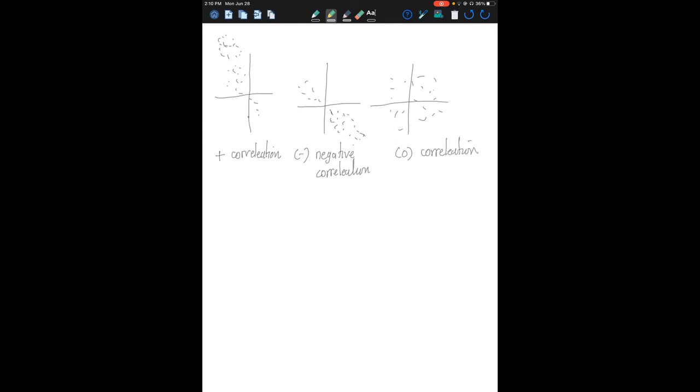What correlation means is, as your one item is increasing or decreasing, what is the other one doing? If your x-axis is increasing and your y is also increasing, if your x is decreasing and your y is also decreasing, and if your x is increasing and y is decreasing, then that's an opposite correlation, which would be a negative correlation.